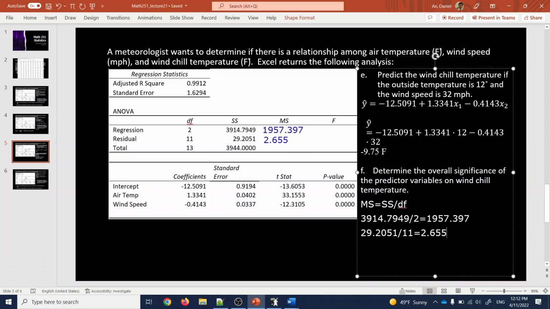And now what do you do with the F? How do you calculate the F? F is the ratio of the two mean squares.